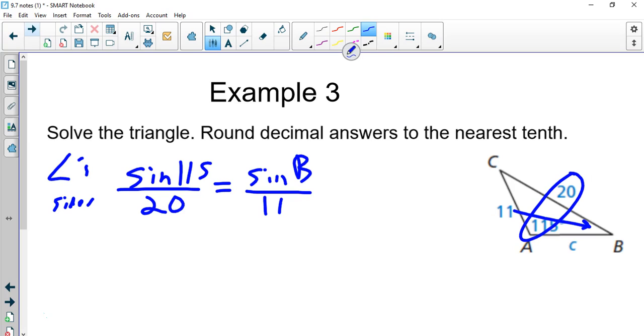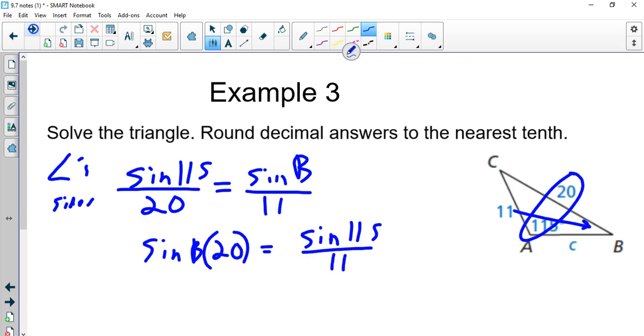So the sine of B times 20 equals the sine of 115 over 11. Well, I want to get sine of B by itself.